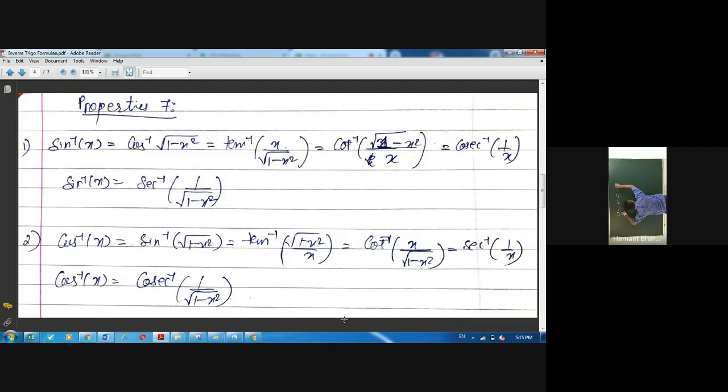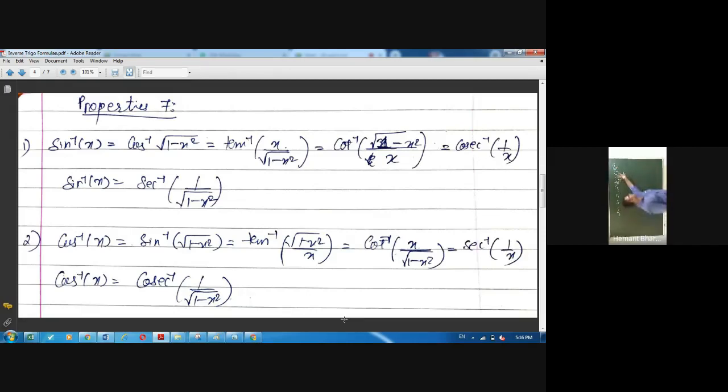This sine inverse of x can be written as tan inverse of x upon under root of 1 minus x square. Similarly, it can be written as cot inverse, where you just write the reciprocal of this, so that will be under root of 1 minus x square upon x.